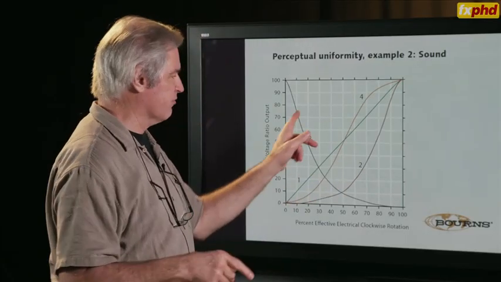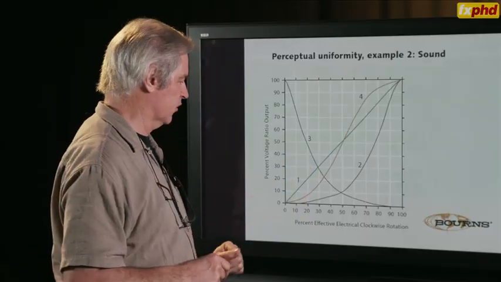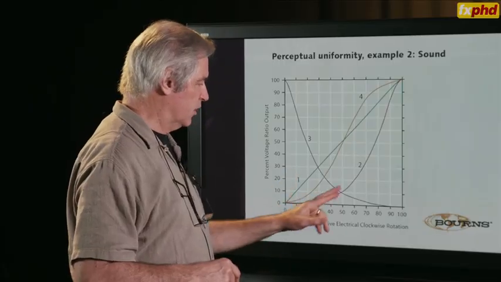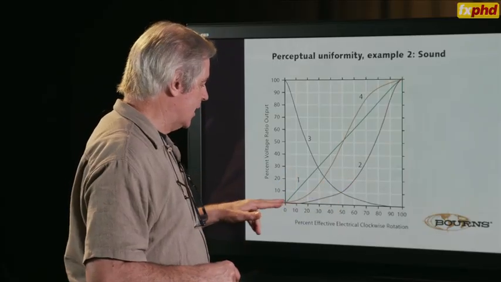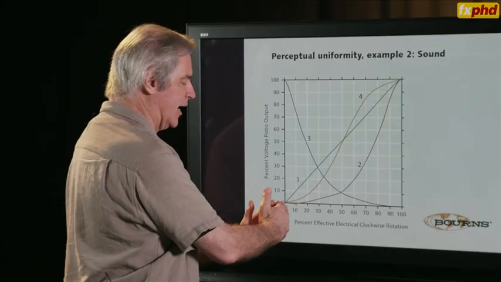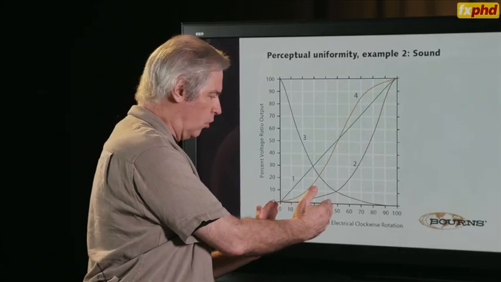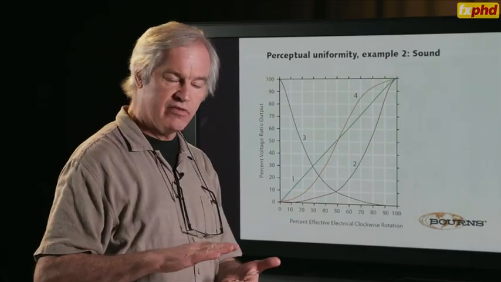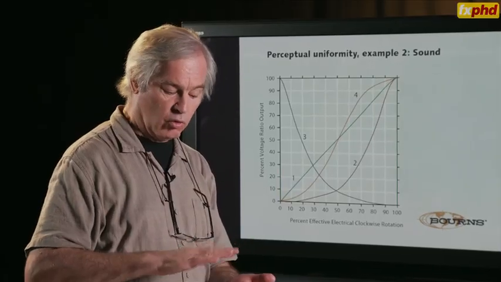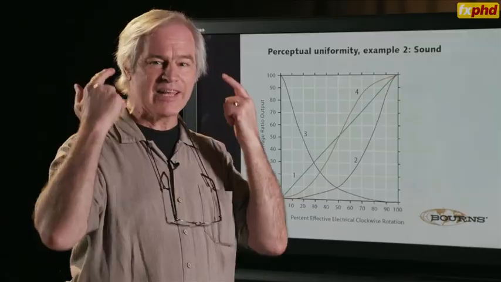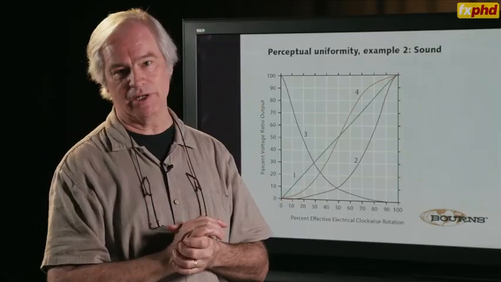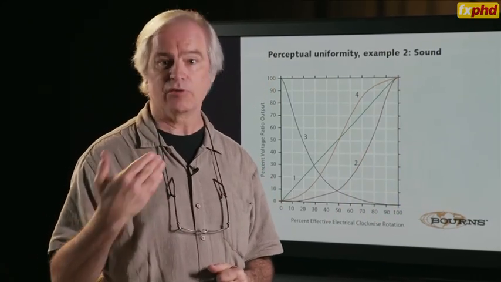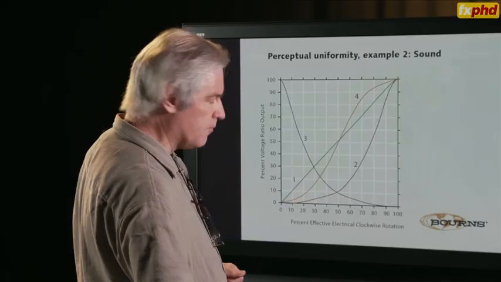Well, there's a bunch of different tapers you can get from these controls, but the volume control version of it is -2, and going halfway up the rotation of the control only gives you about 10% of the audio voltage, but that sounds halfway between nothing and full volume because of the logarithmic properties of hearing.